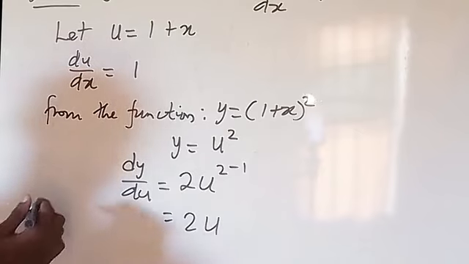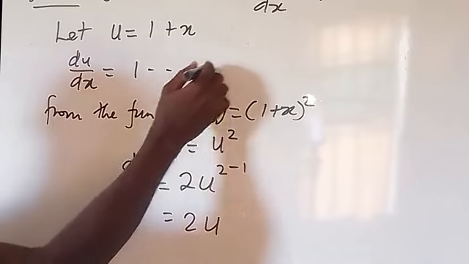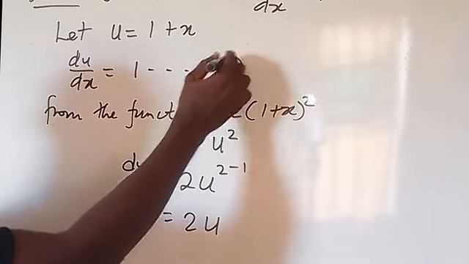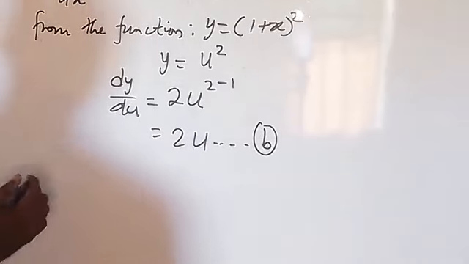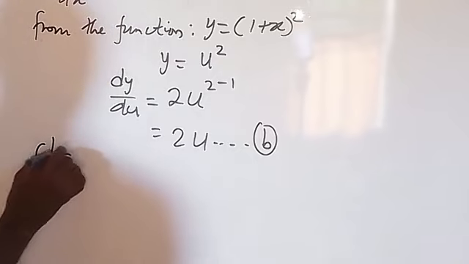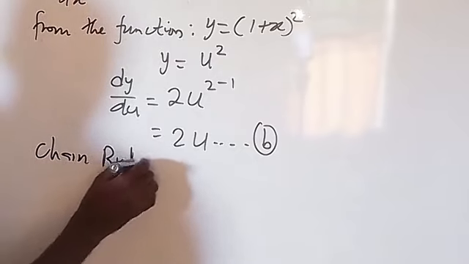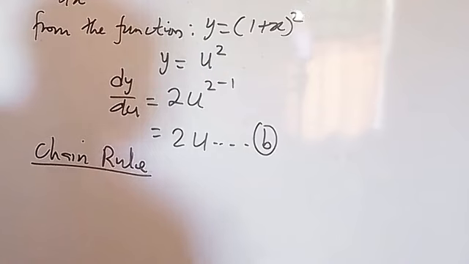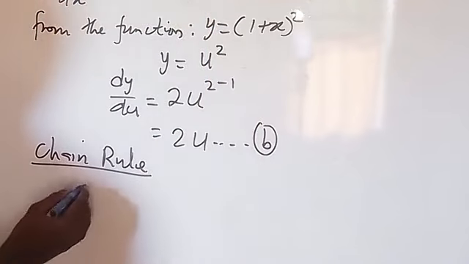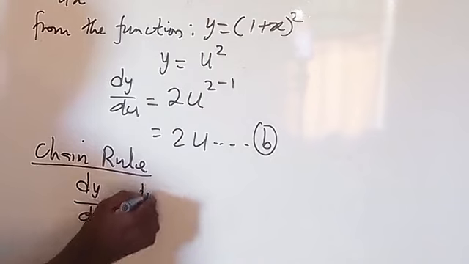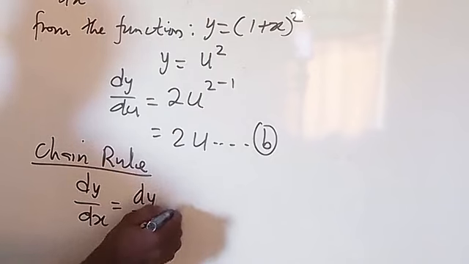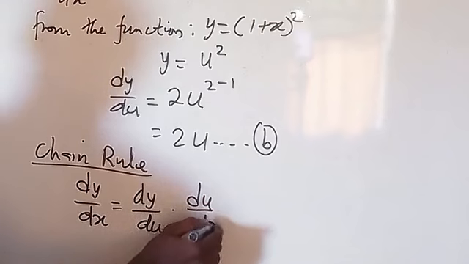Now, what is the next thing we're going to do? This one here, let me call it A, and this one here, let me call it B. So we are going to use what we call the chain rule. This chain rule is what we are going to use to find dy/dx, and the chain rule states that dy/dx equals dy/du multiplied by du/dx.